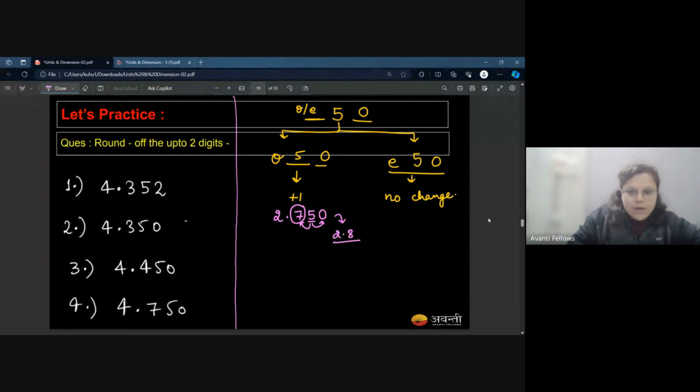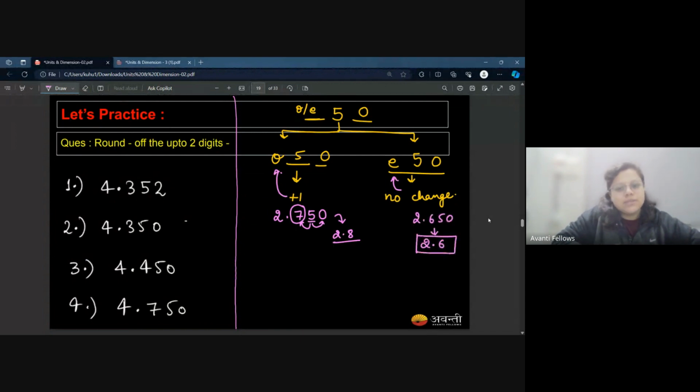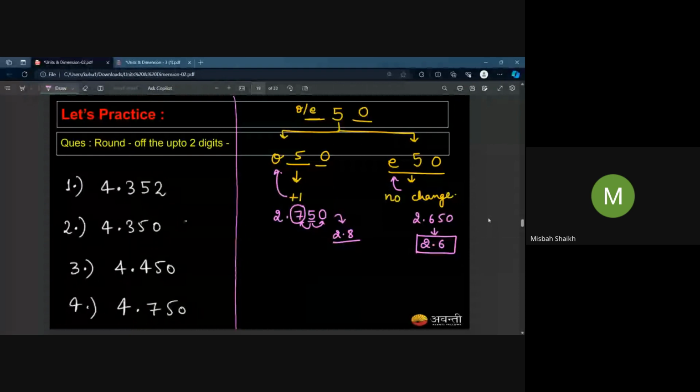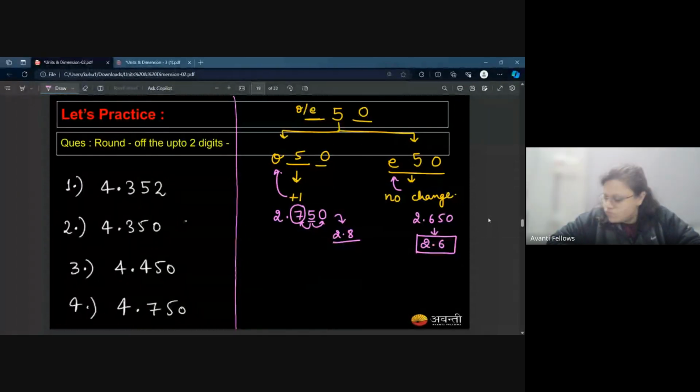You will add +1 to this odd number. You will make no change to this even number. For example, you have 2.650. In this case, the rounding off would be 2.6. Is it okay? Yes, ma'am. Sure? Cool.